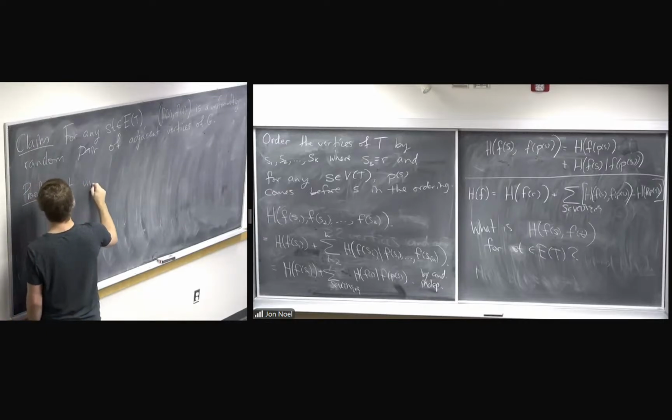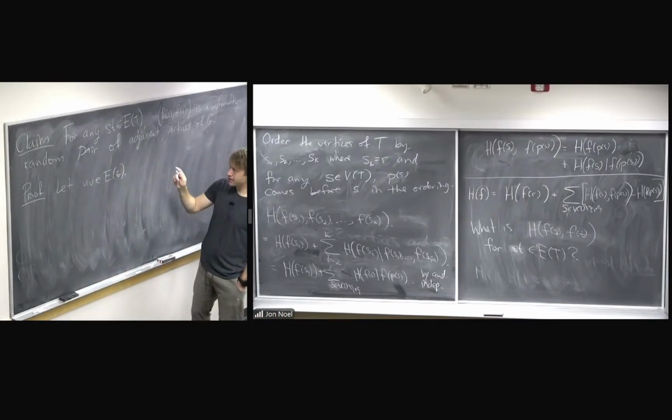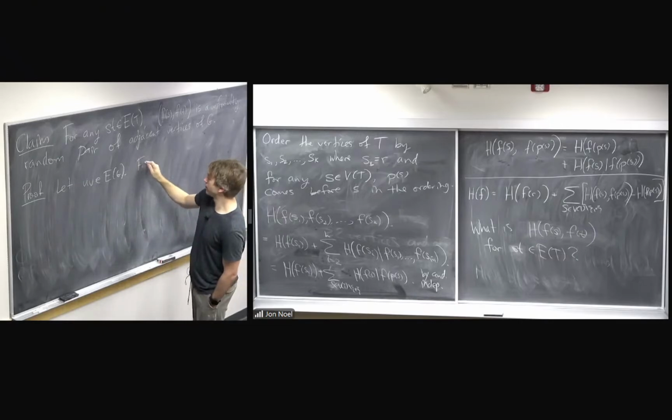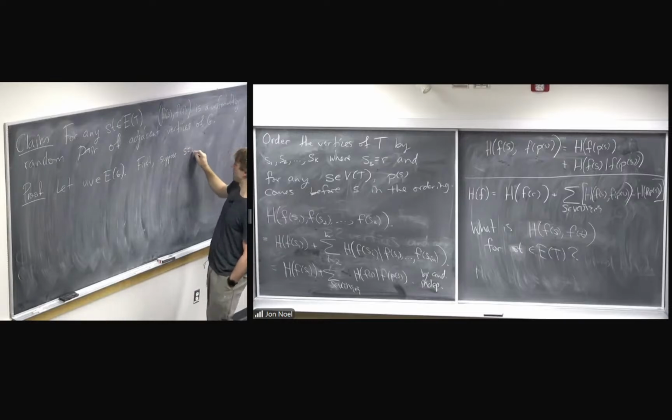Let UV be an edge of G. Let's first consider the case where one of our vertices is the root of the tree. So the edge we're looking at is RT, for some child T of the root.